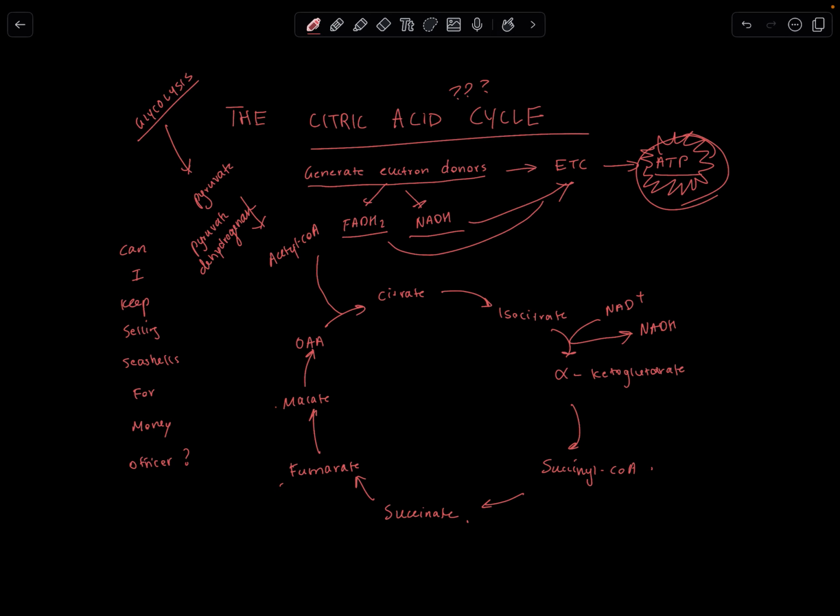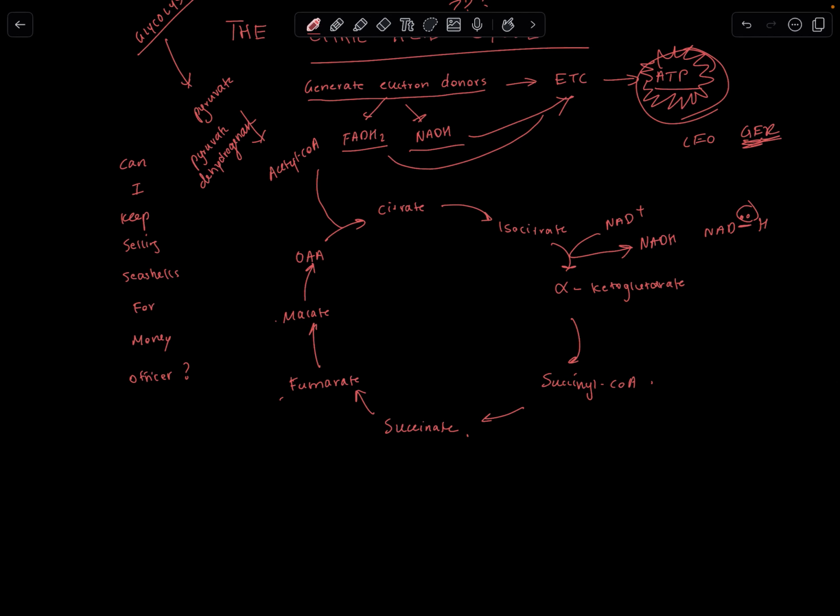That means we are reducing NAD plus into NADH because, just a reminder, Leo the lion goes grr. Reduction is the gain of electrons, and by the NAD having a bond with the hydrogen, there's electrons there. So we gained electrons.